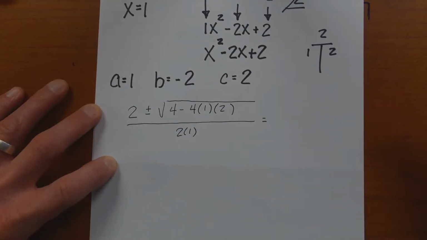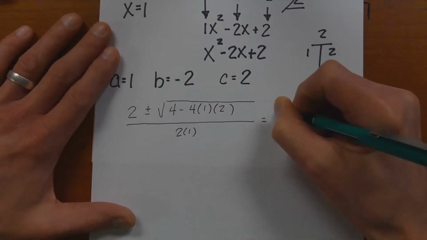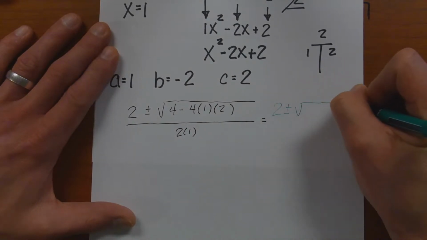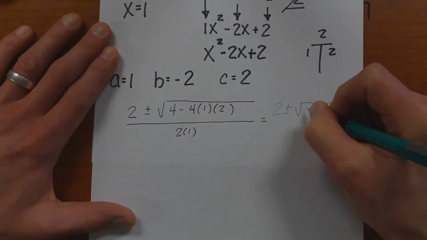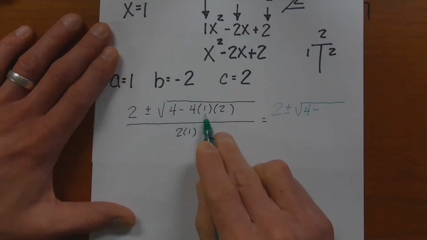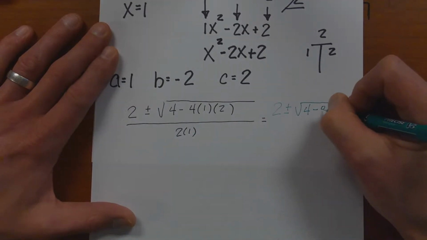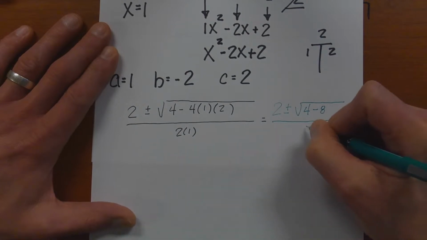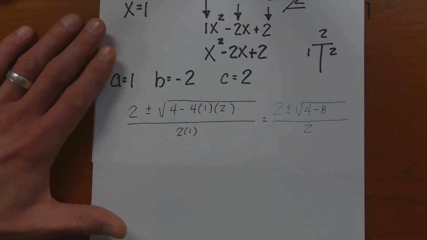Now let me start simplifying. 2 plus or minus the square root of 4 minus 4 times 1 times 2, which would be 8, all over 2 times 1, which is 2.